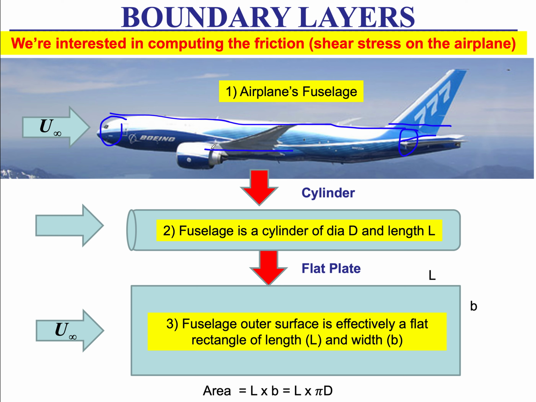So we're losing the wing and losing the rudder, and we're left with a cylinder. The cylinder is of diameter d, which is the diameter of the fuselage, and the length is just the length of the airplane. This is L.